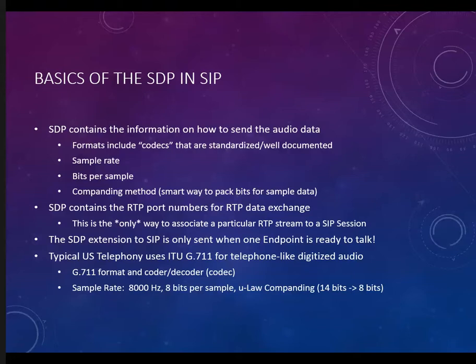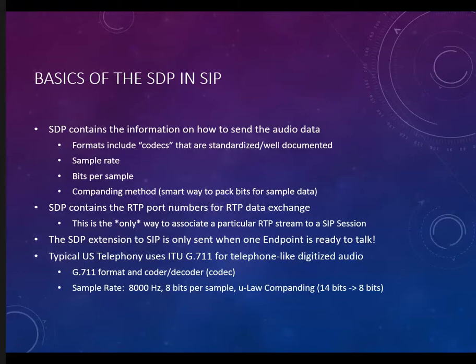On the invite side, obviously it's immediately ready to talk, but in the return values, when the receiving endpoint decides to talk, that's when it sends its SDP information. So SDP is not sent as part of the rings or busy signals that may come across as a part of the SIP protocol.